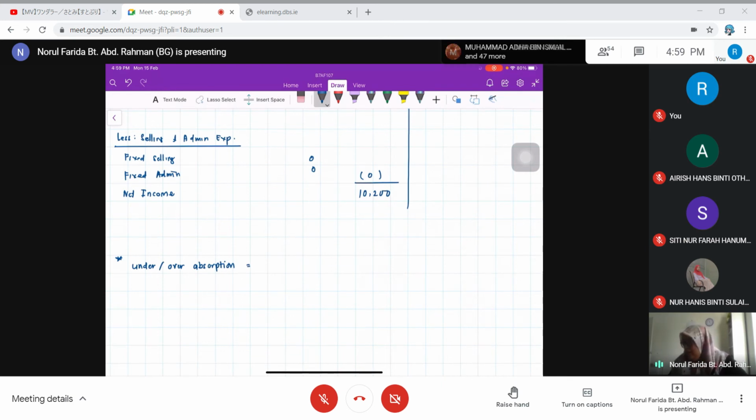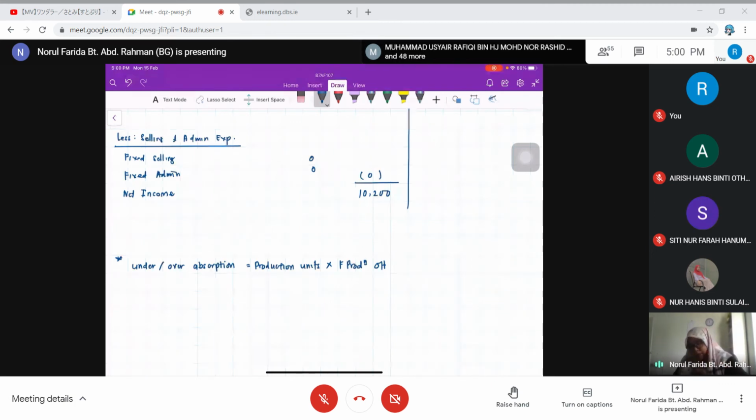Under or over absorption is your production units multiplied by your fixed production overhead rate. It applies when actual is not equal to your normal capacity. You have two months, so we will do it for September and October.